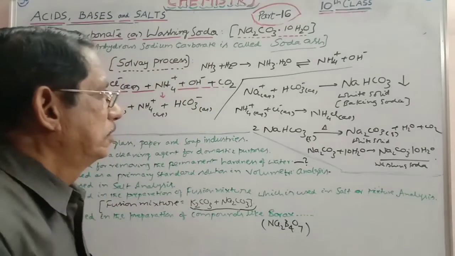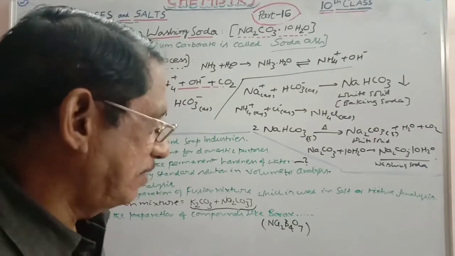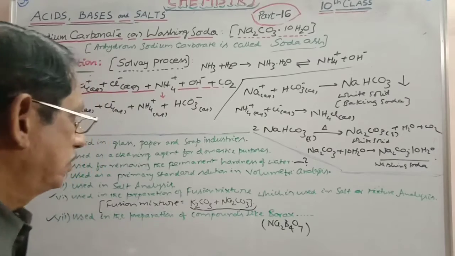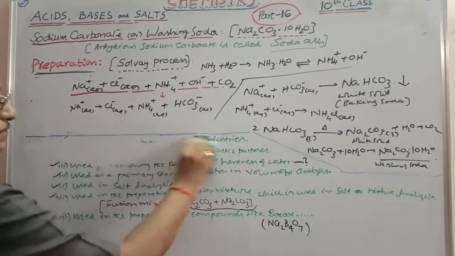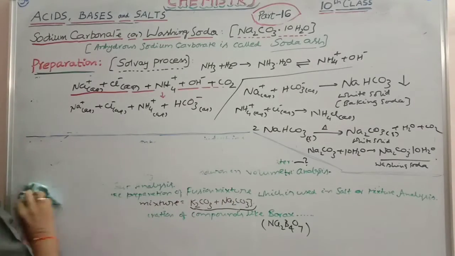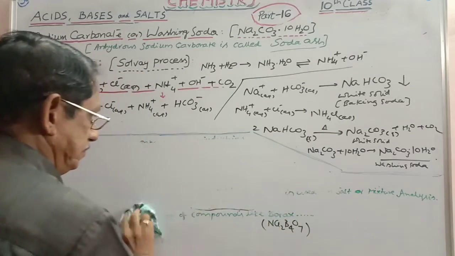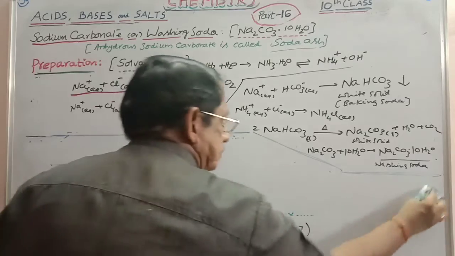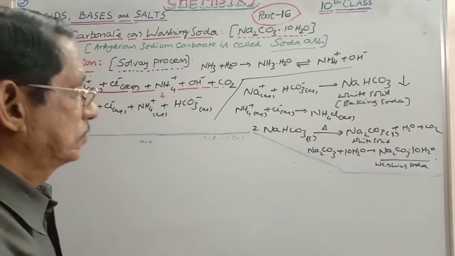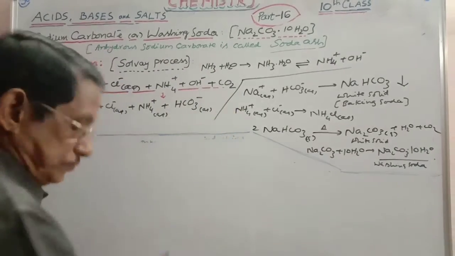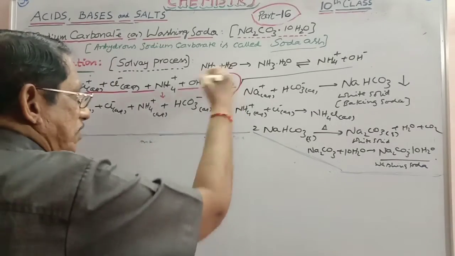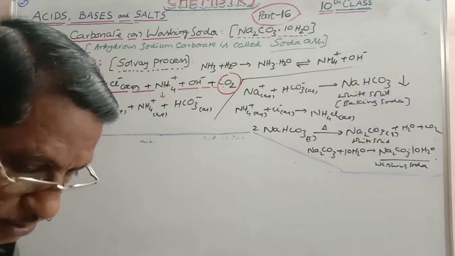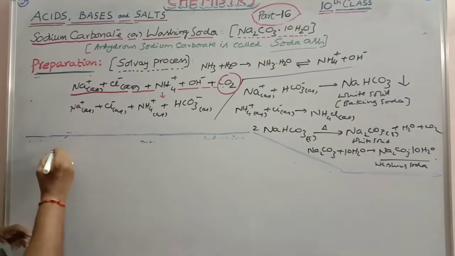Okay. Further, if you extend the matter, here I am wiping it out because some more I want to discuss. Carbon dioxide, where from is it obtained? By heating limestone.